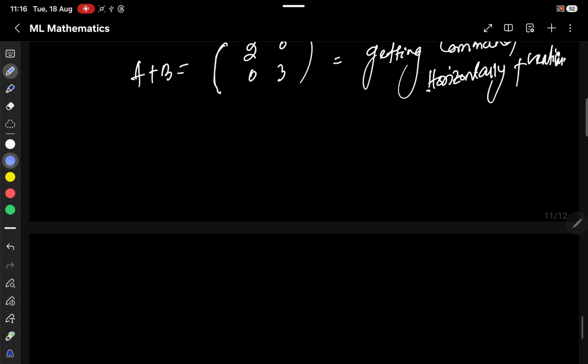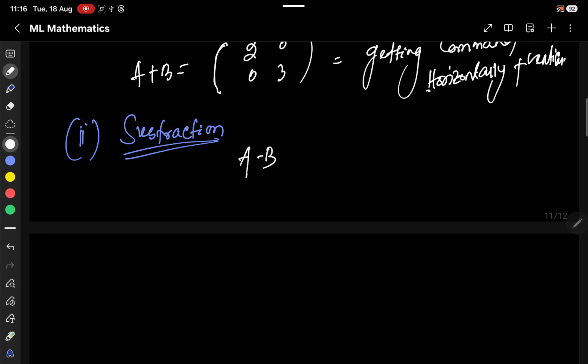So then how will we go into subtraction? A similar concept, right? If I'm doing subtraction of A with B, my A used to be 1, 2, 3, 4, and B used to be 5, 6, 7, 8.